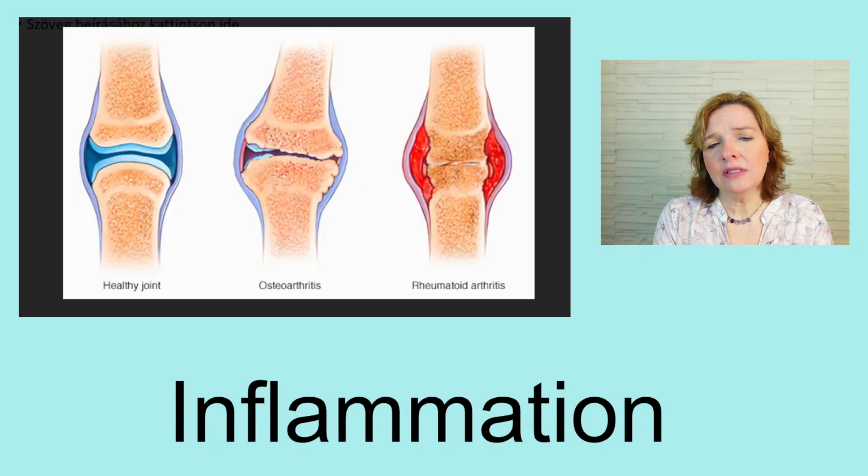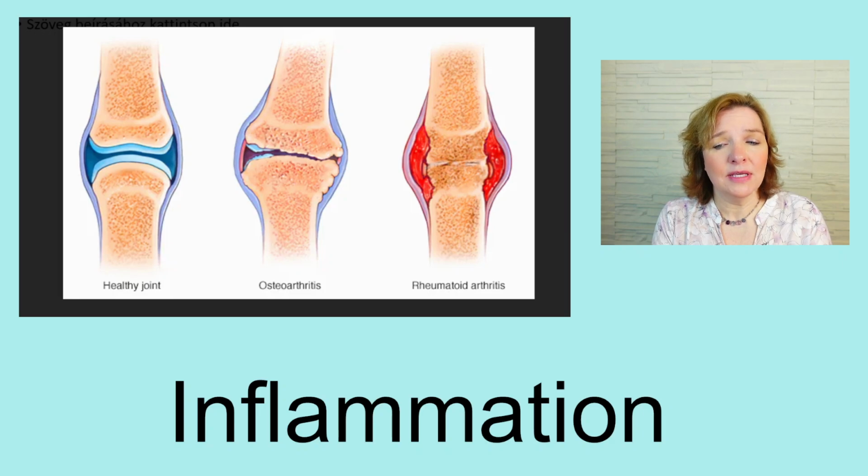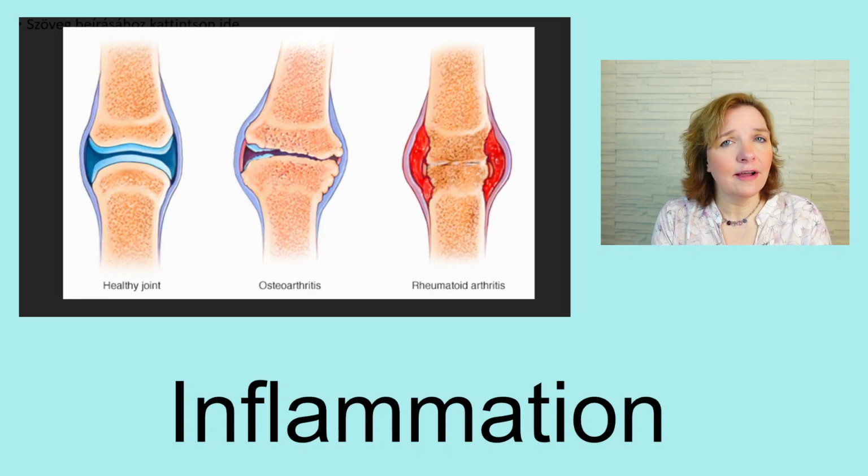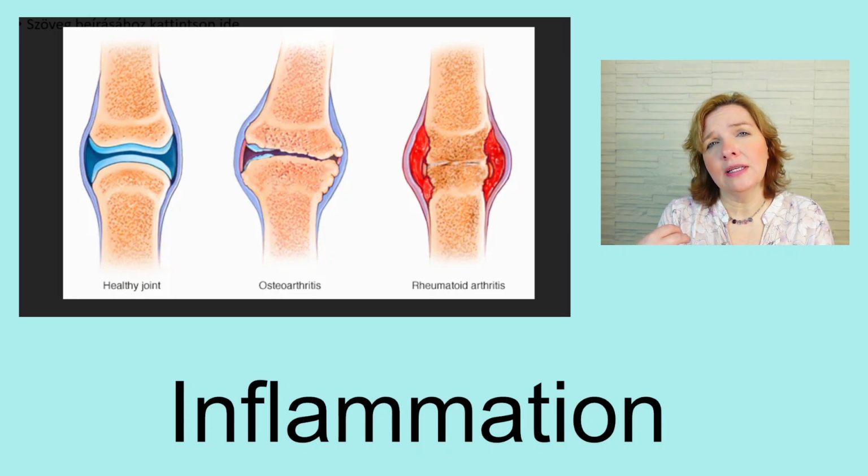And we talk about chronic inflammation in the joints, which affects many people. You can see osteoarthritis, which comes from age, and rheumatoid arthritis, which comes from an autoimmune disease. When you have an autoimmune disease, it means the body attacks its own cells.